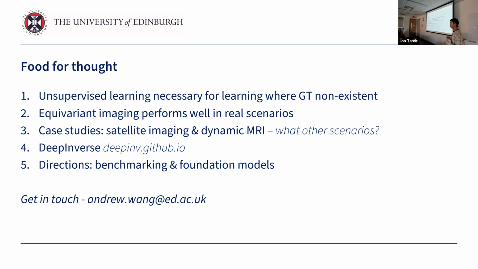The food for thought here is, from an engineering perspective, what are the scenarios, but mathematically, what are the groups that we can think about? For example, permutation groups: can we not do imaging anymore, do graph-to-graph problems and use a permutation group? That could be cool. I've talked about open source software for doing this, and a couple of directions. Cool. Thank you.